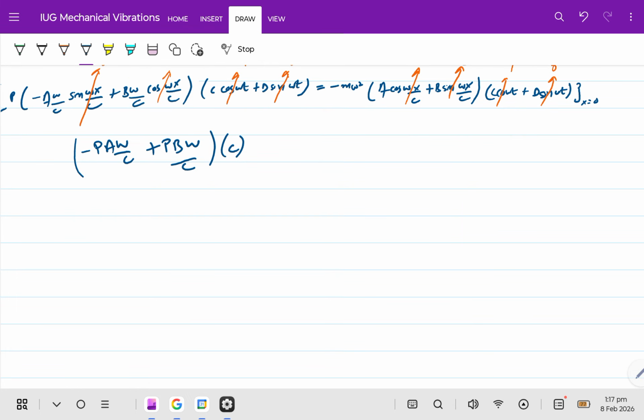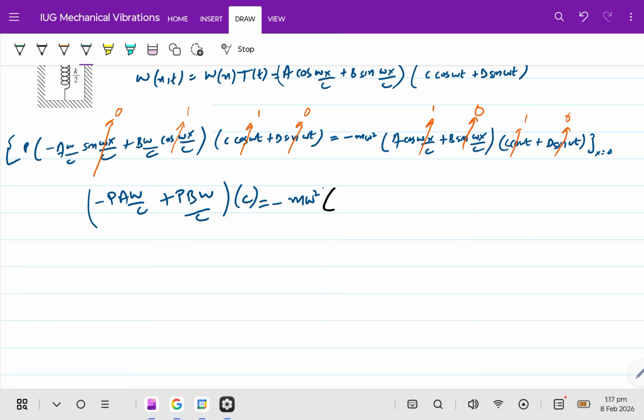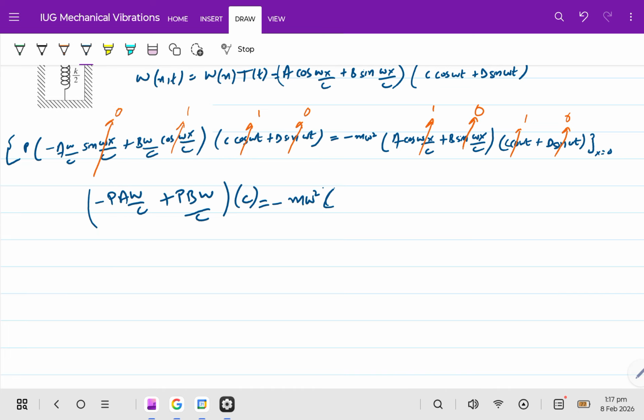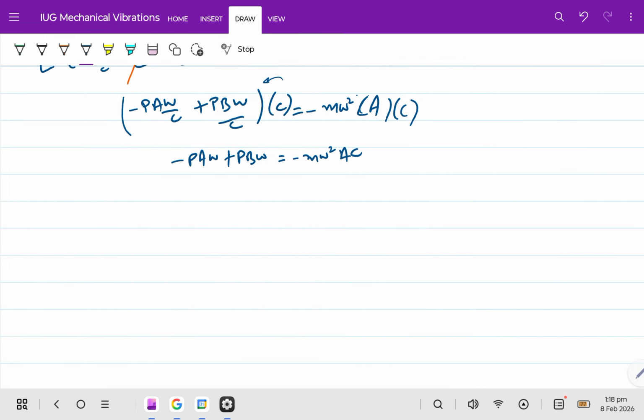Into c, and because this part becomes 0, equals minus m omega square into a and into c. So I think that's all we have now. If you multiply c with this one, it will cancel out all of the c's, so we'll end up having minus p a omega plus p b omega equals minus m omega square ac, and you can cancel out omega as well on both sides.